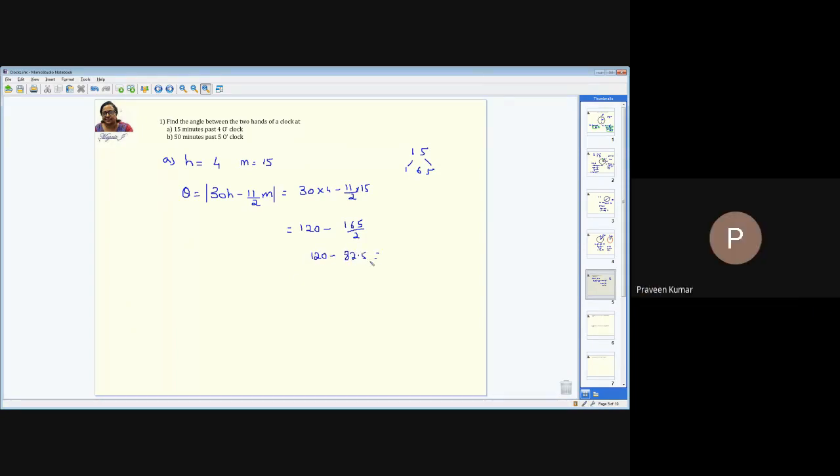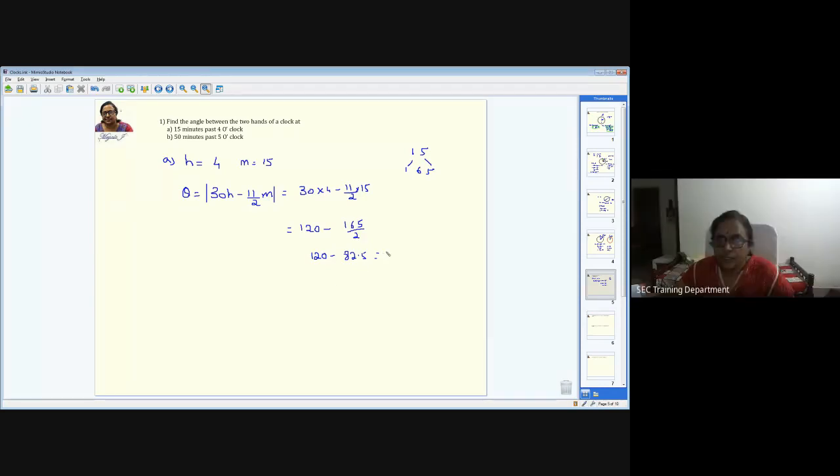What's the answer? 37.5, right? Because 120 minus 80 is 40, and again you have to subtract the 2.5 from that. So 40 minus 2.5 is nothing but 37.5. That is how I calculate; I consider 80 is easier.